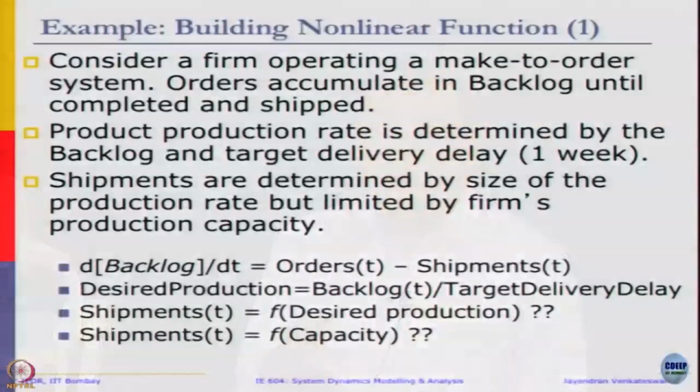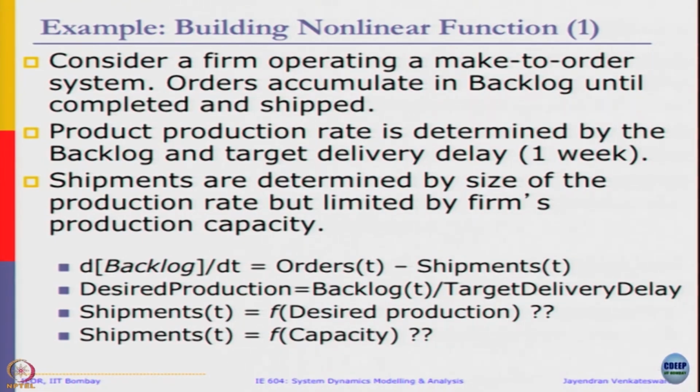Once they complete the work, they have to ship it. The shipment is determined by the size of the production rate, but limited by the firm's production capacity. So, desired production rate can be defined as backlog divided by target delivery delay. Now, shipment is a function of desired production and a function of capacity, that part is not clear.